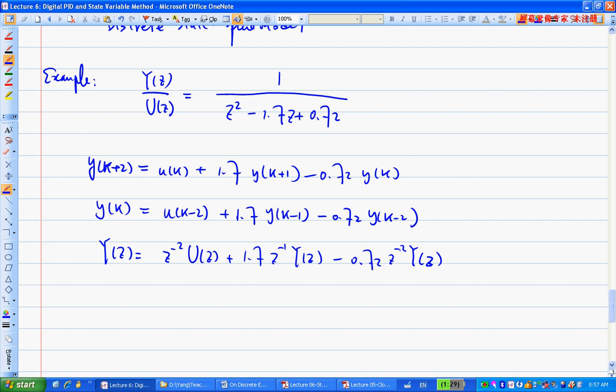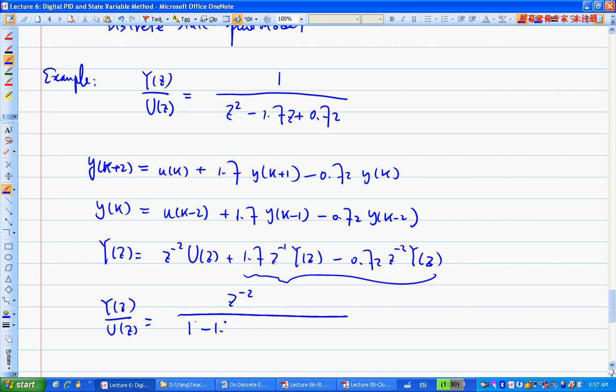So for the transfer function of this system, move this to the left, take out the common factor, and find the ratio between Y of z and U of z. So what do we get? z to the negative 2 here, 1 minus 1.7 plus this.